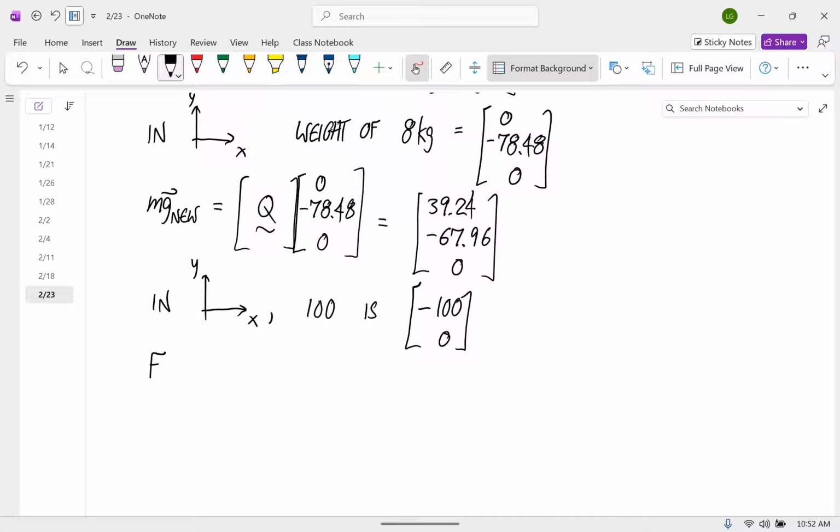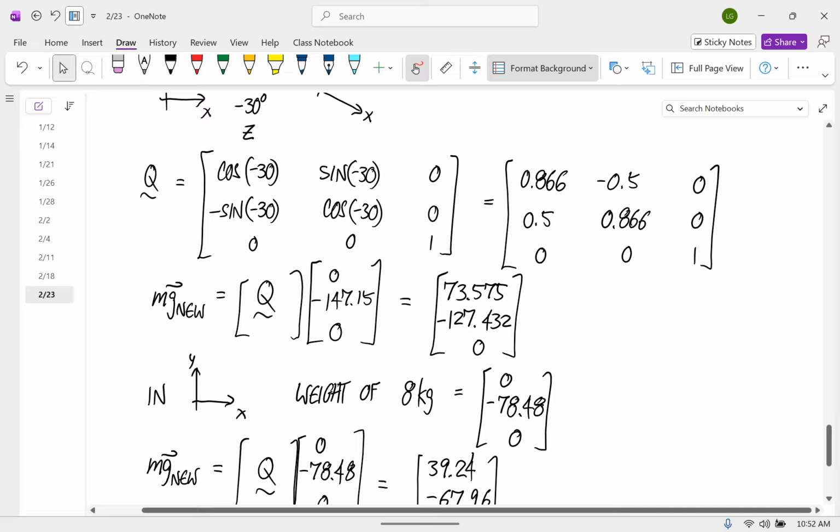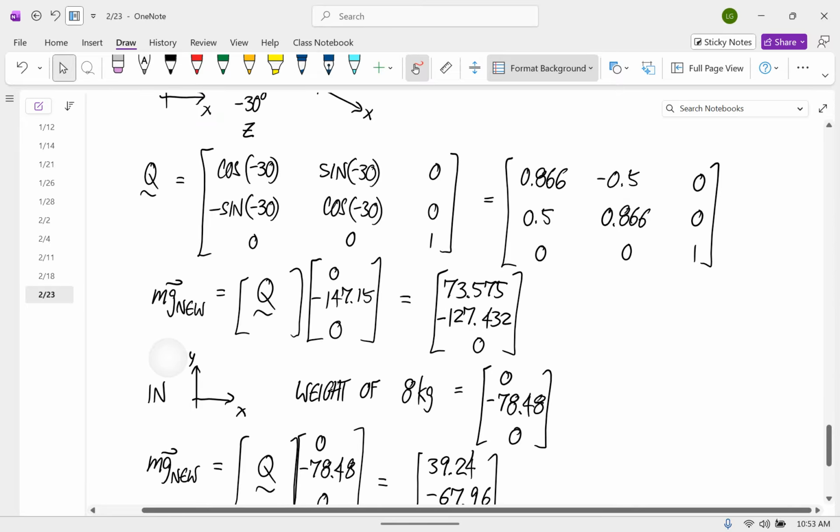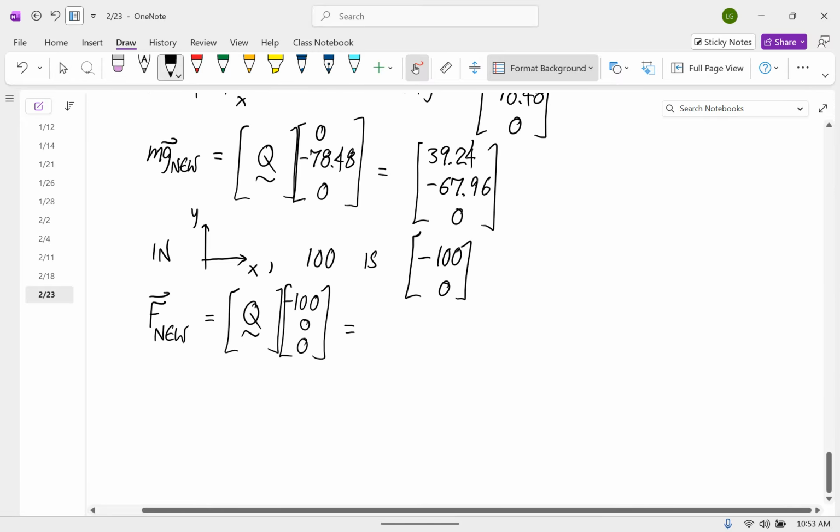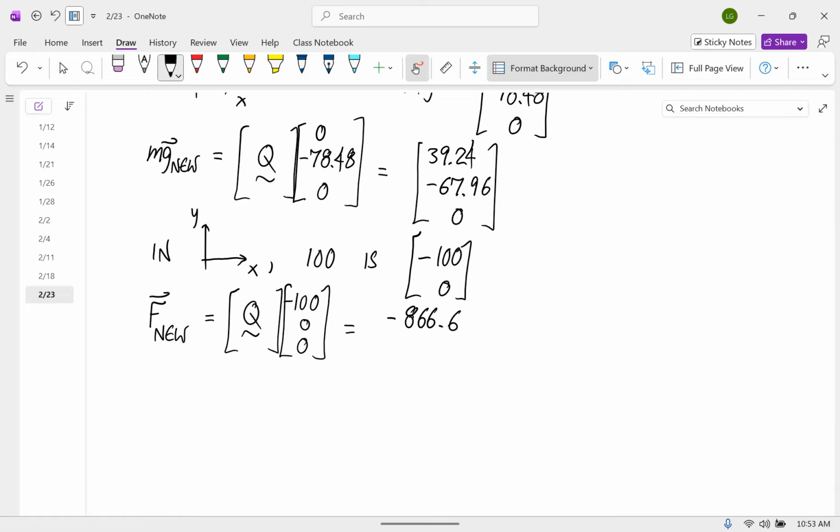So in the new coordinate system, that is Q times negative 100, 0, 0. And that is just negative 86.6, negative 50, 0. So anyways, when you have all that stuff programmed into your calculator, it's a lot faster than doing the trigonometry of everything.